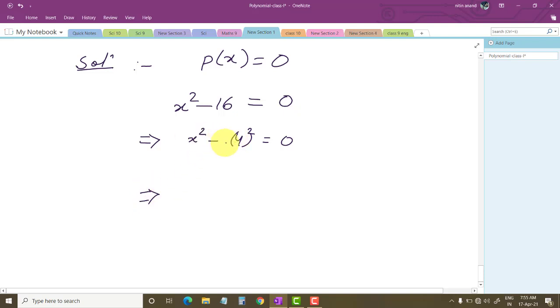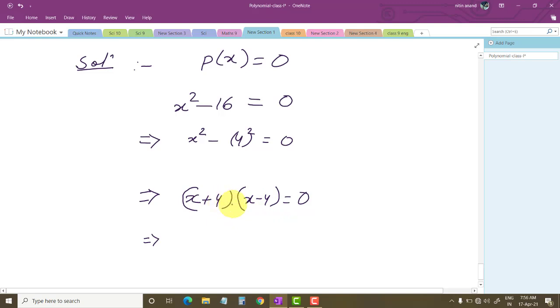Now based on the identity a squared minus b squared equals a plus b into a minus b, one factor should be with plus and one with minus. So (x plus 4) into (x minus 4) is 0.